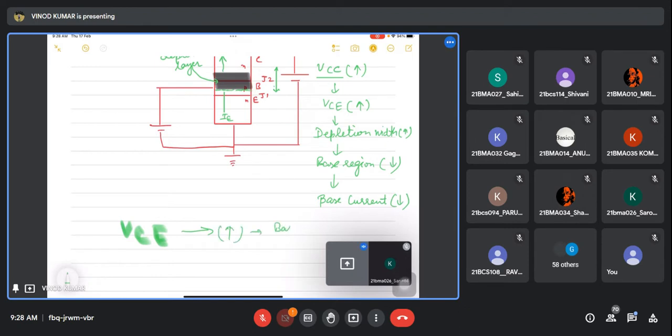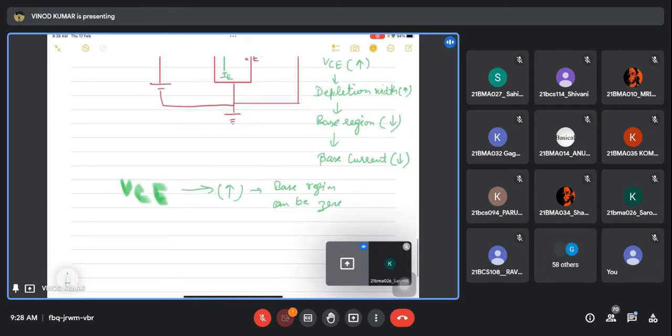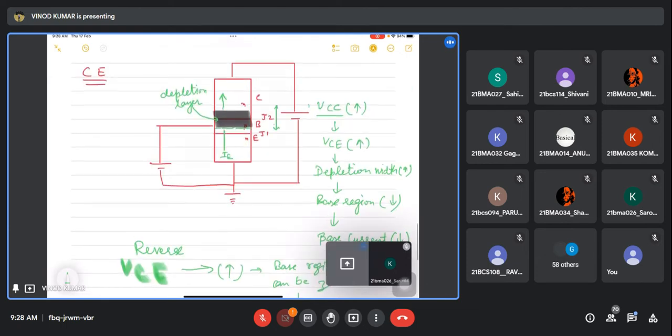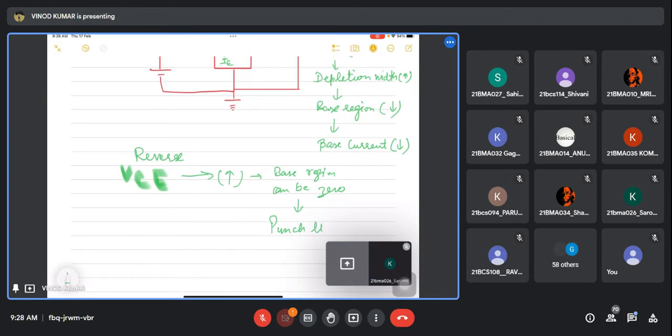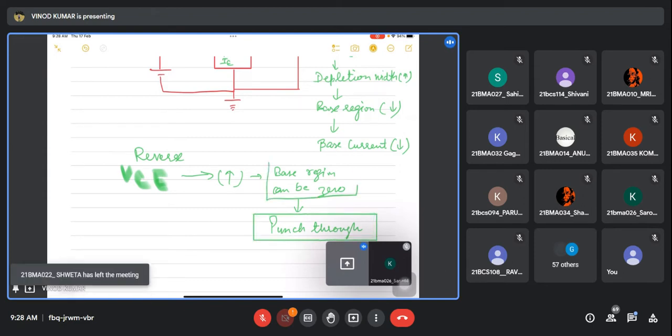So the base region can be destroyed, can be zero in fact, and that situation is called punch through. You have increased the reverse bias so much, this reverse bias, that situation is called punch through, because the base region is totally diminished in that case.